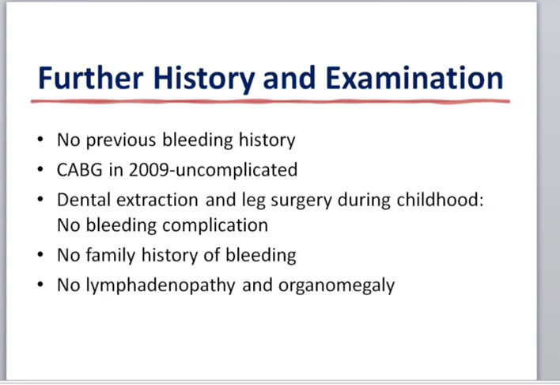Why do we mention lymphadenopathy or organomegaly here? Because we were expecting an acquired von Willebrand disease, acquired hemophilia or acquired platelet disorder in a patient who has a bleeding history recently and not affected in the past.